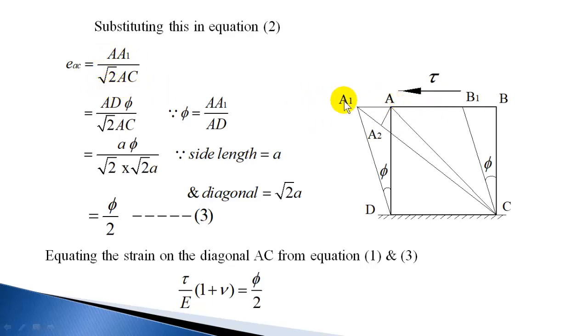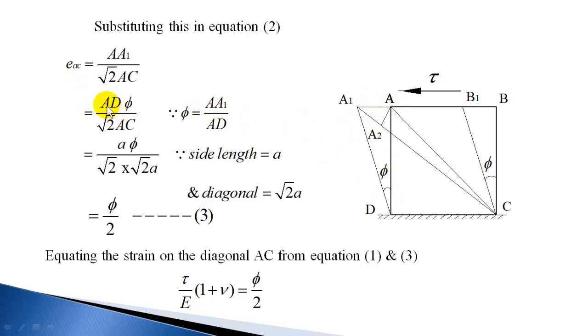So AA1 by AD is equal to tan phi, or this can be written as phi. So I write AA1 as AD into phi, divided by root 2 AC. This is because phi is AA1 by AD.